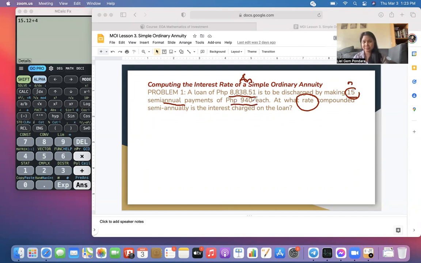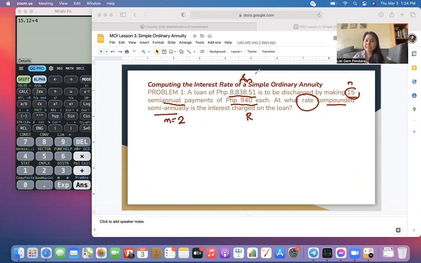That's $940. R. Very good. That's our R. And it's compounded semi-annually. So what will be our M? Our M is 2.